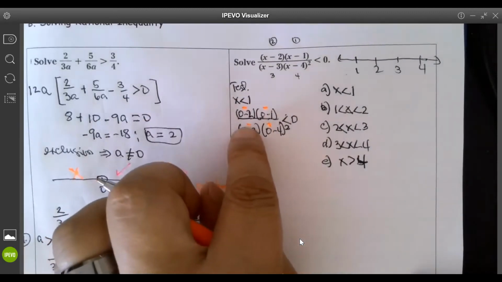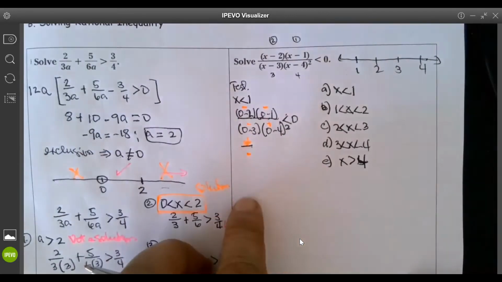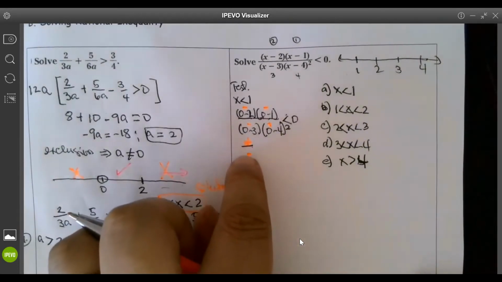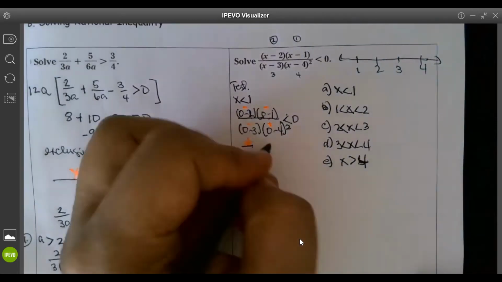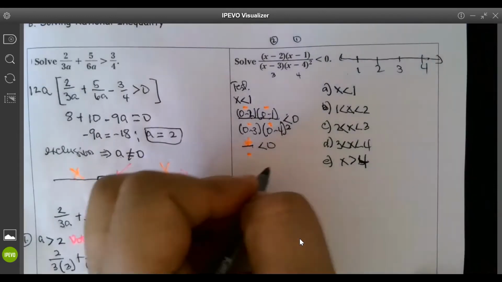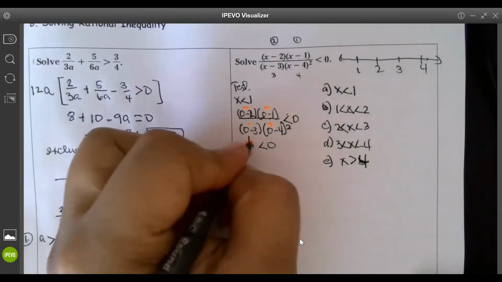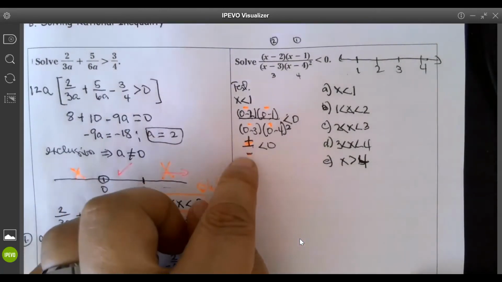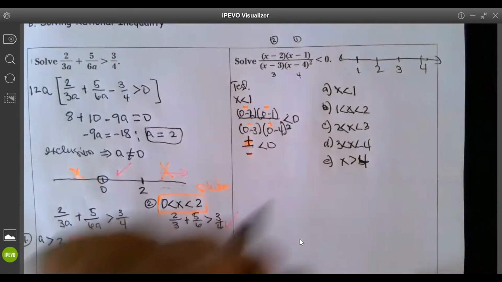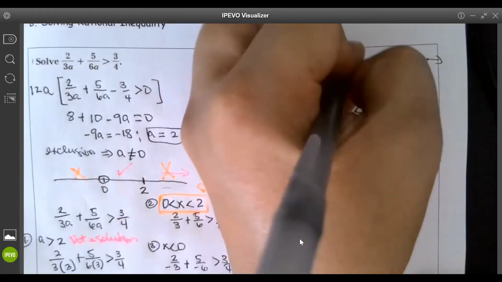So negative times positive is negative. Positive divided by negative is negative, and negative is always less than 0. So this one is a yes. So x less than 1 is a solution.